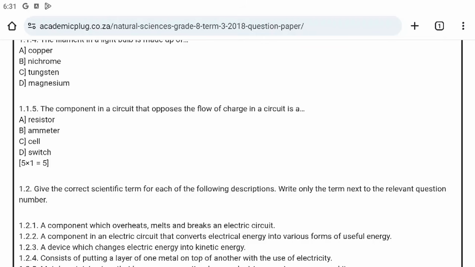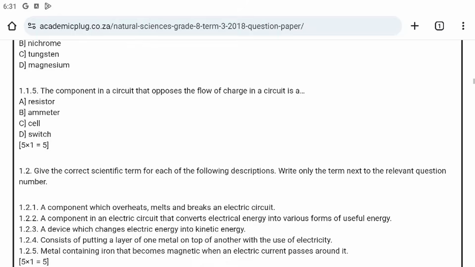So it's going to help you not only in natural sciences but also in technology. So we've done this one.